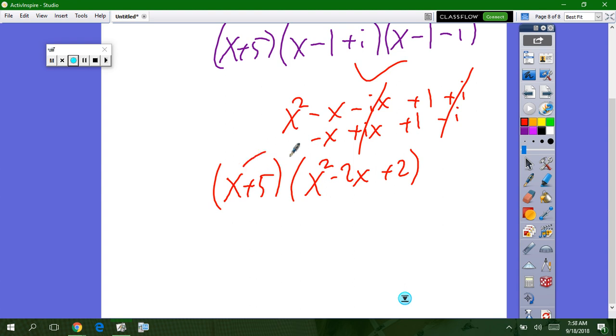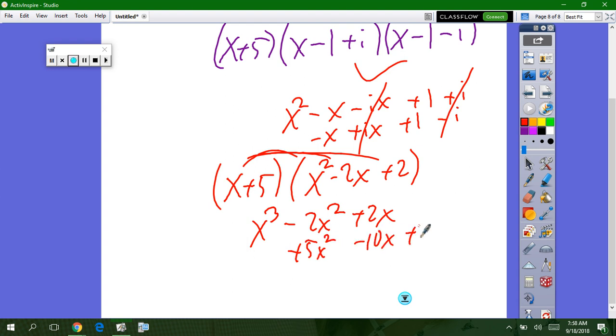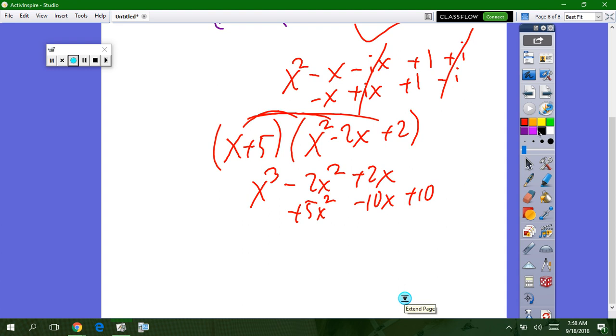So I distribute through: x cubed minus 2x squared plus 2x plus 5x squared minus 10x plus 10. Which was x cubed plus 3x squared minus 8x plus 10.